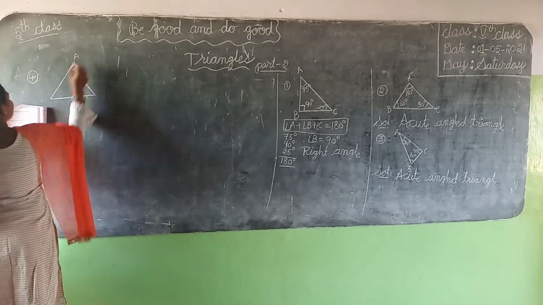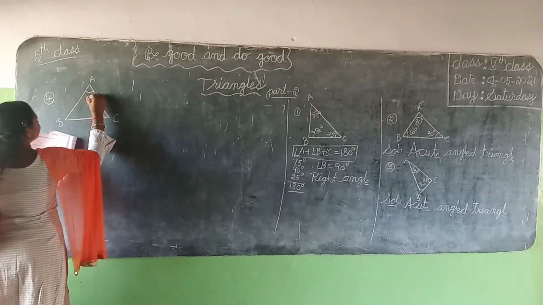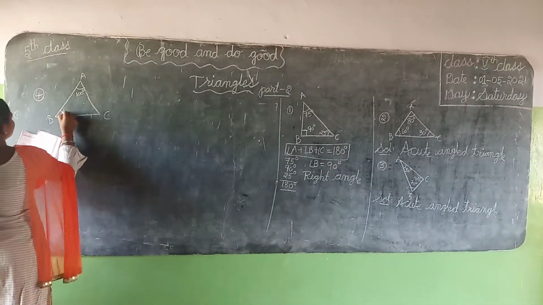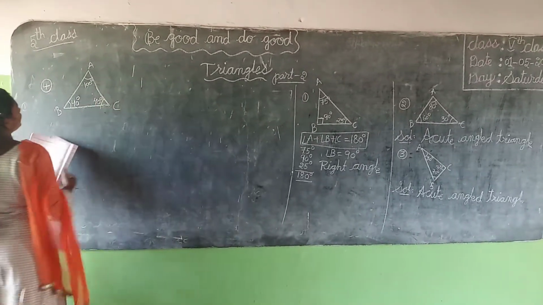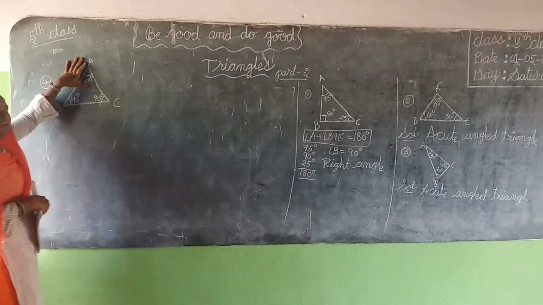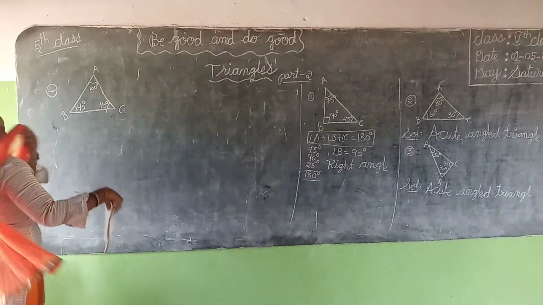So angle A and angle B and angle C. In this, angle A is 100 degrees, angle B is 40 degrees, angle C is 40 degrees. Okay? Angle A is 100 degrees, angle B is 40 degrees, and angle C is also 40 degrees.